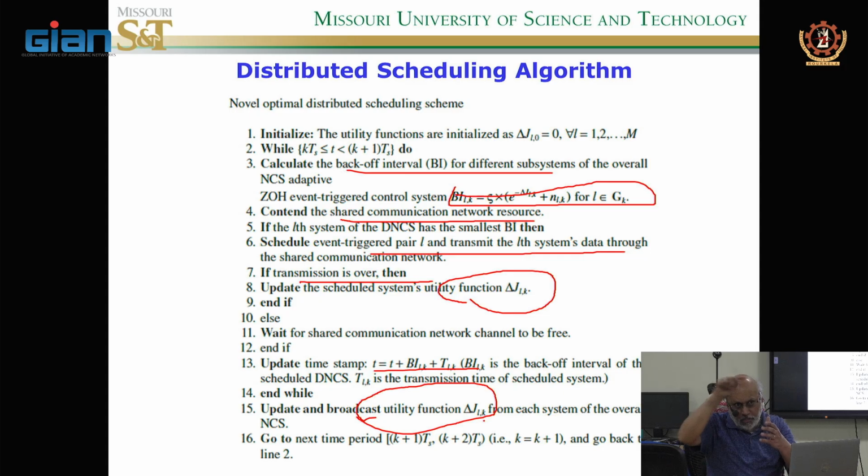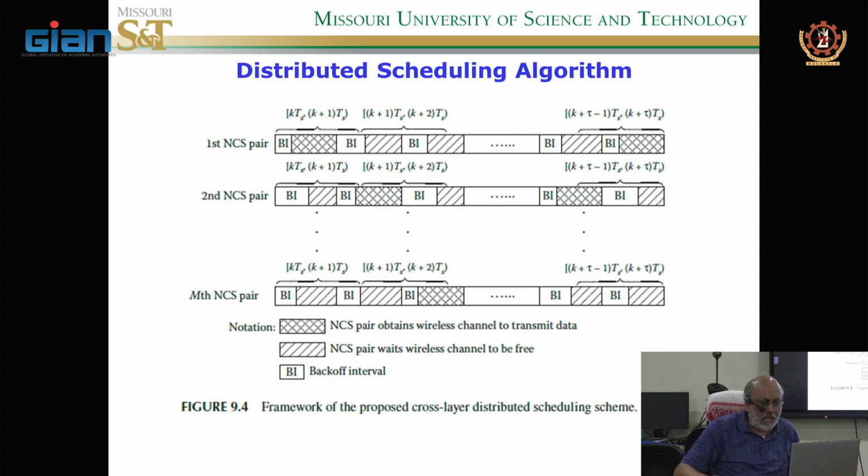So this continues in the link layer. You see? So the link layer computes the schedule, the application layer computes the cost and reward, and then you use that information both to minimize in the application layer as well as to determine the back-off interval. Okay? So then what you do is you have M pairs. You see those. So you have a back-off interval.